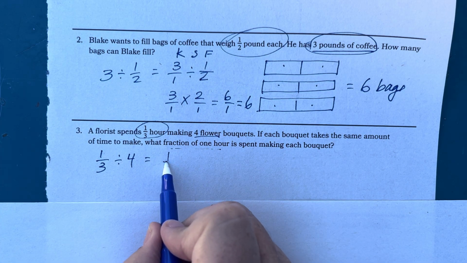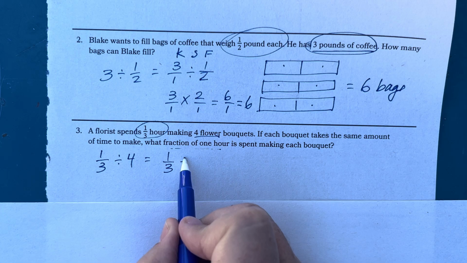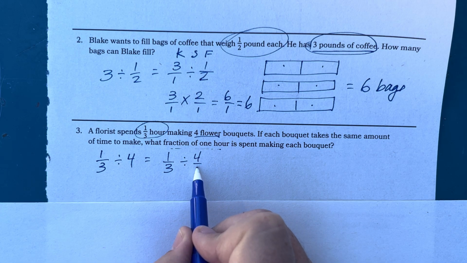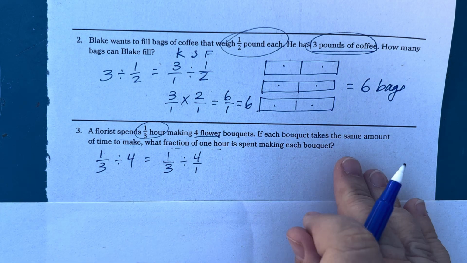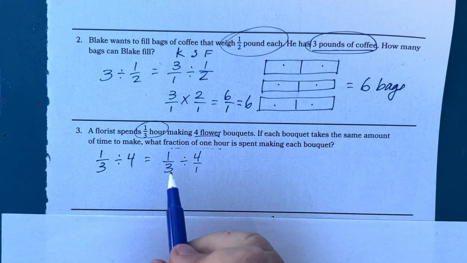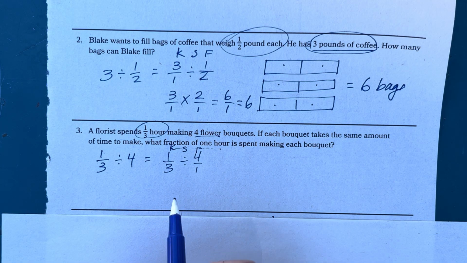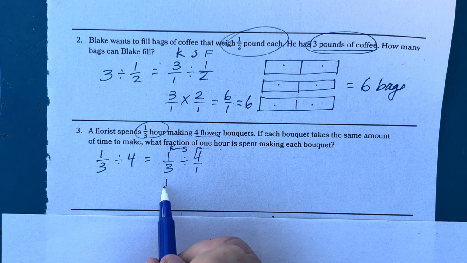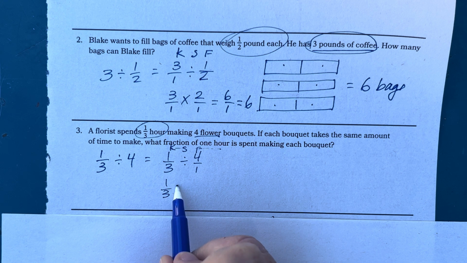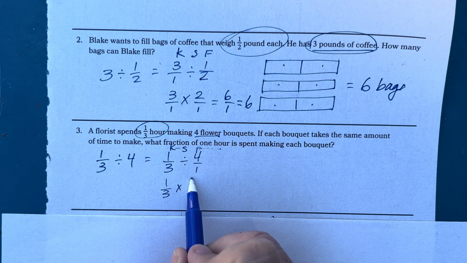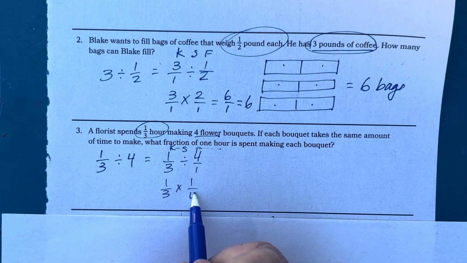I would write my problem first, 1/3 divided by 4 over 1. And then I would do my keep, flip, switch. So keep, switch, flip. I say it backwards all the time. Keep my third, switch to multiplication, and flip this.